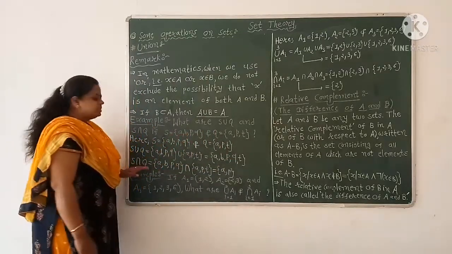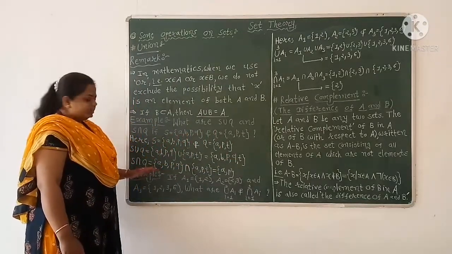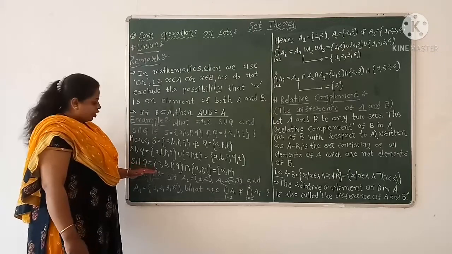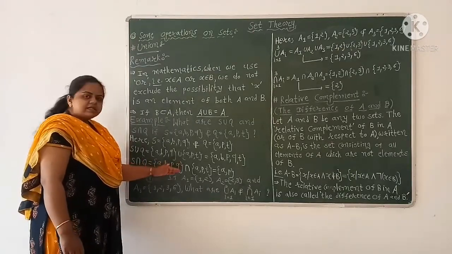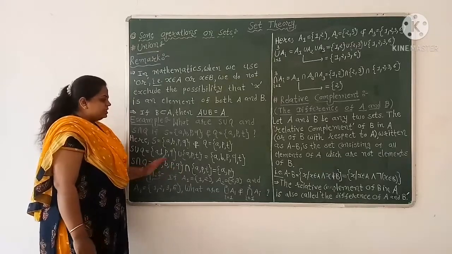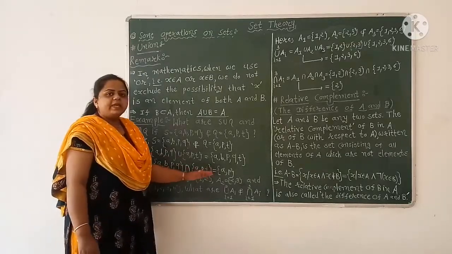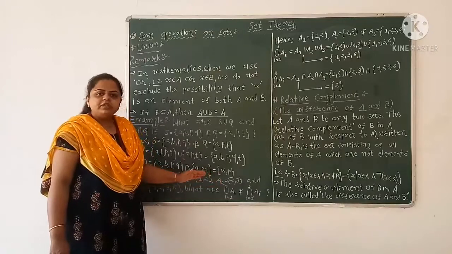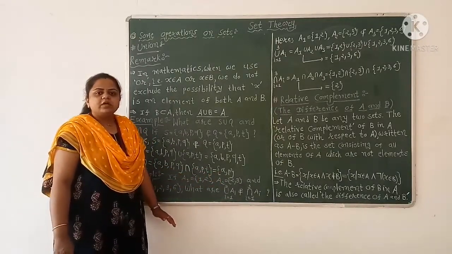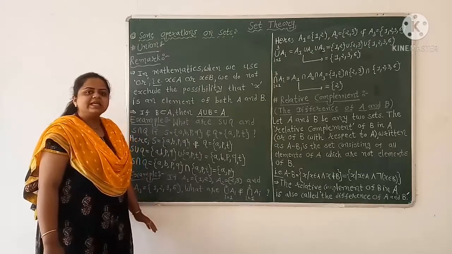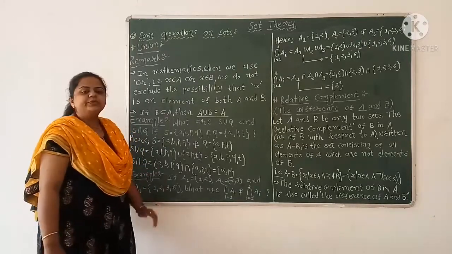Now S intersection Q is equal to S, that is the set of A, B, P, Q, intersection Q, that is the set of A, P, T. We know that S intersection Q is the set of elements which are in S and Q both.